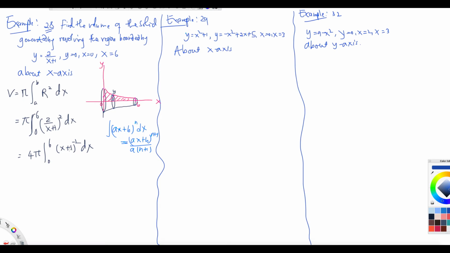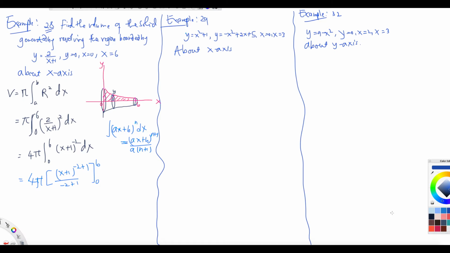If you compare this with that, you have a is 1, b is 1, and n is negative 2, right? So it will be negative 2 plus 1. Basically this is what you get: 4 pi, and then x plus 1 to the negative 2 plus 1 over a, which is 1, so negative 2 plus 1, from 0 to 6.